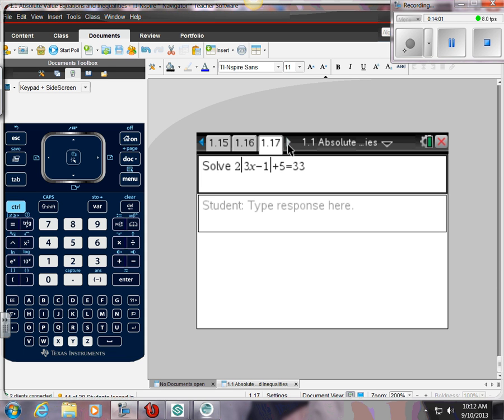Okay, so we are going to still subtract the 5 and still divide by 2. So we're still looking like that. Okay. So we're still setting up our 2 equations. All right, now we're on the right track. Okay, thank you. Add 1.